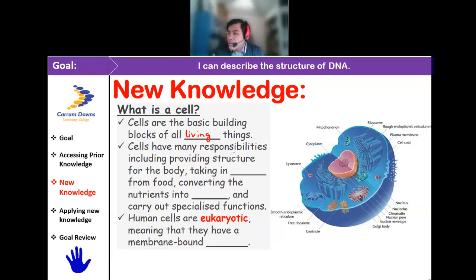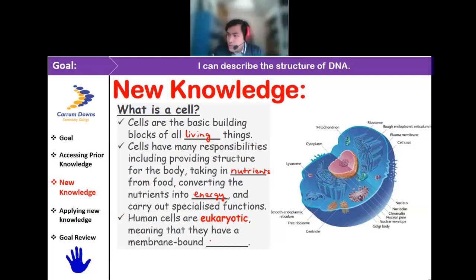Cells have many responsibilities, and they include providing structure for the body, taking in nutrients from food, then converting the nutrients into energy, and that's how we get our energy to go through the day, and also carrying out specialized functions as well.